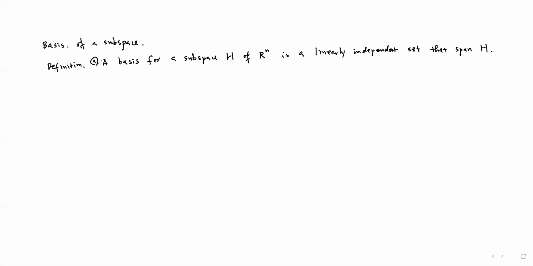Now, the dimension of a subspace is equal to the number of vectors in a basis. The number of vectors in a basis is called the dimension of the subspace.